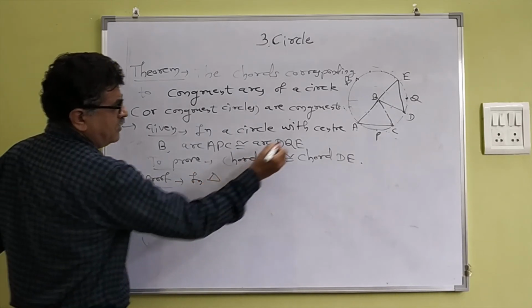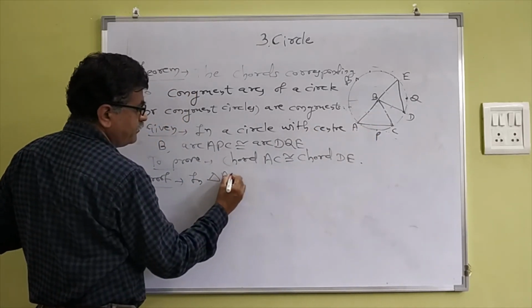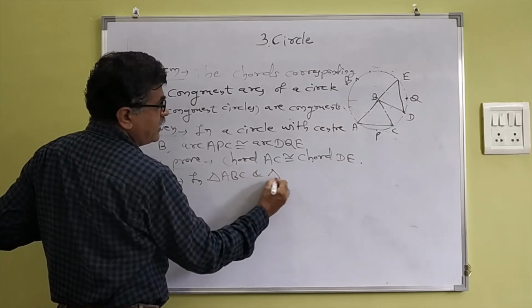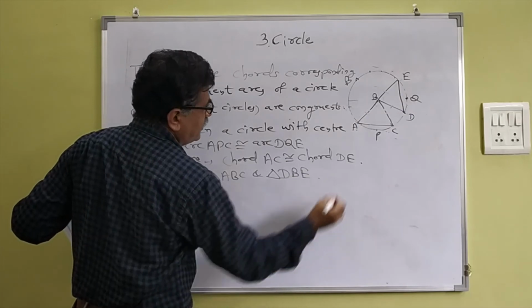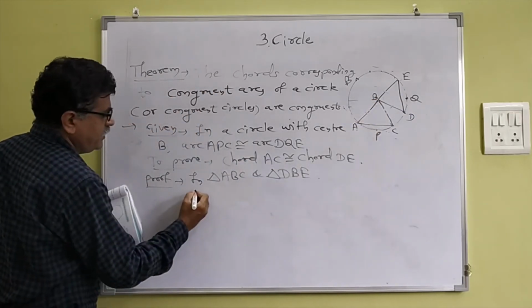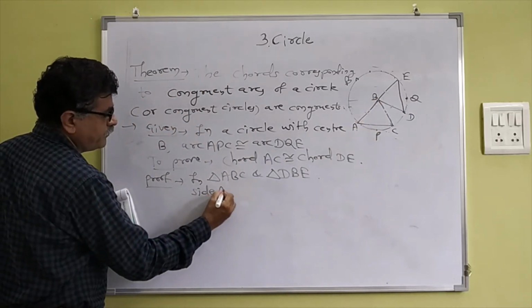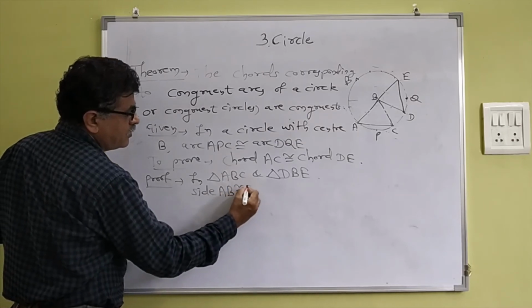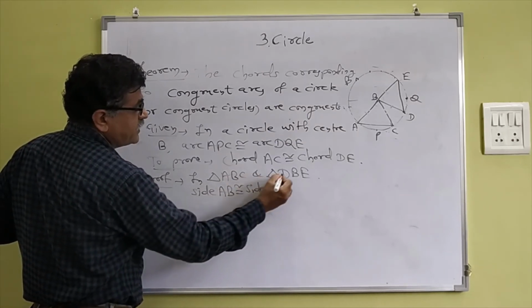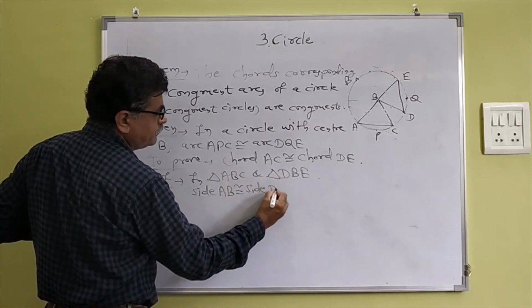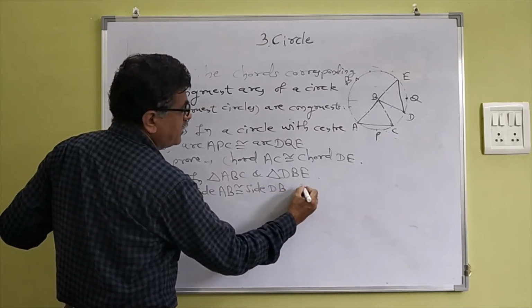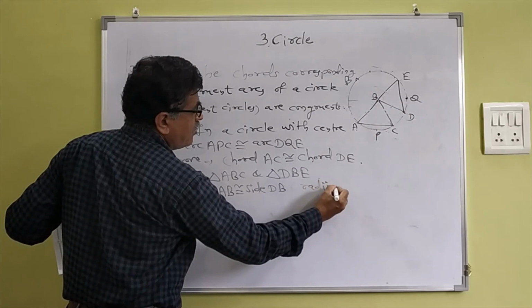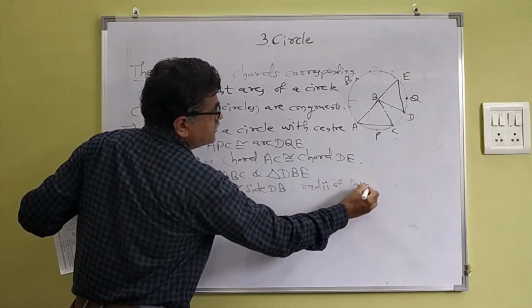Proof: in triangle ABC and triangle DBE, side AB congruent to side DB, radii of the same circle.